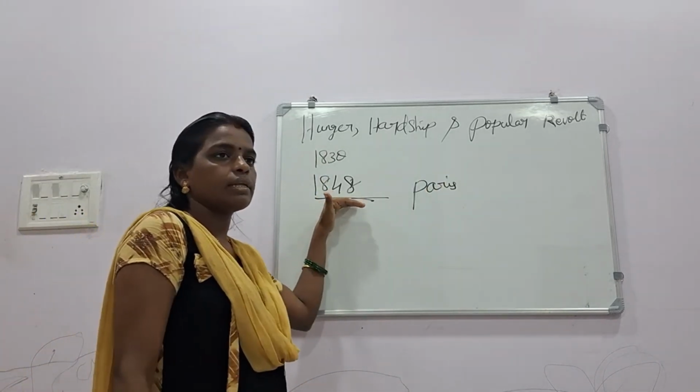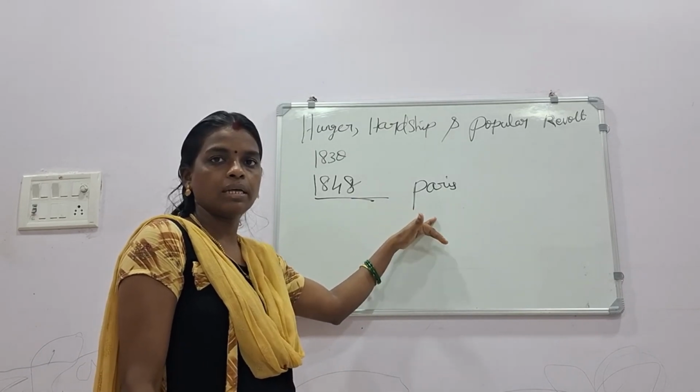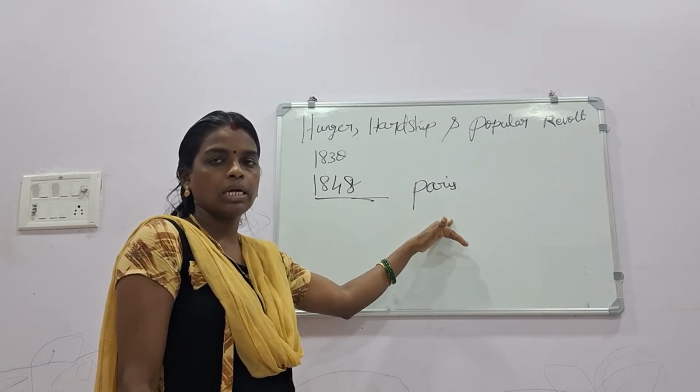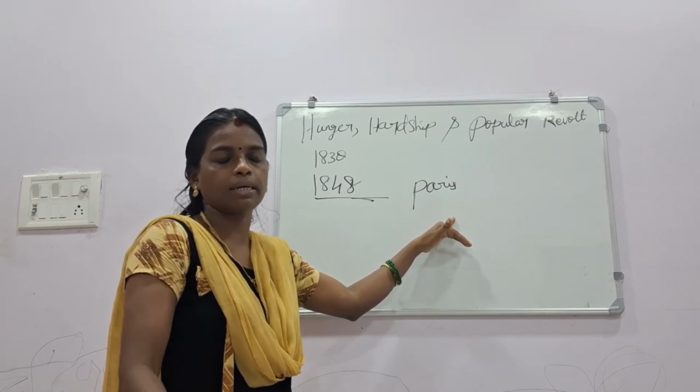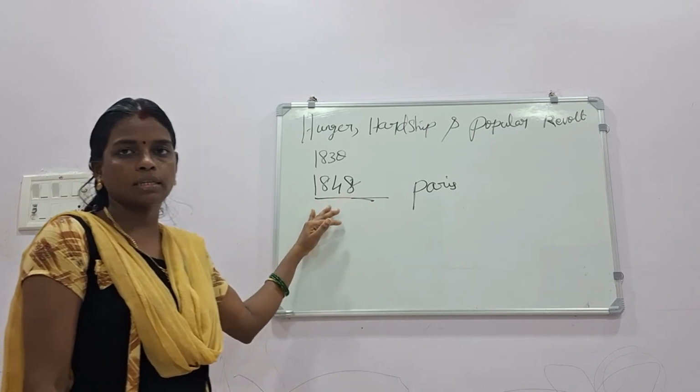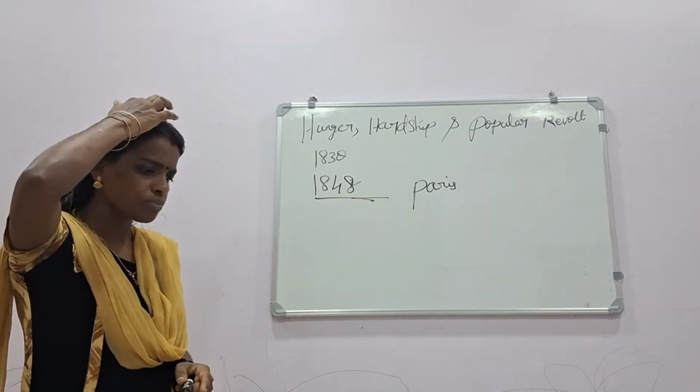In 1848, the people revolted because they were not getting any food supply and not getting job opportunities. They were not able to fulfill the needs of the European countries by food supply. In this way, they started the revolt in Paris in the year 1848.